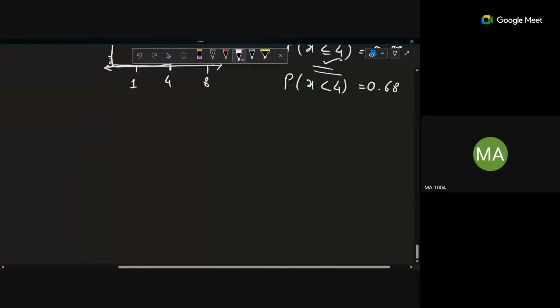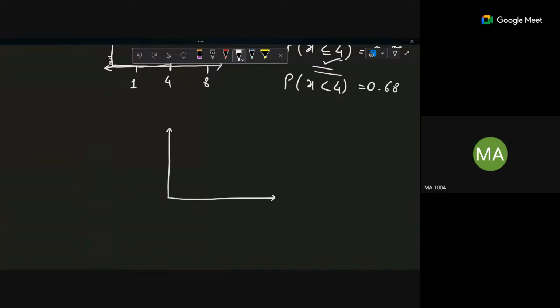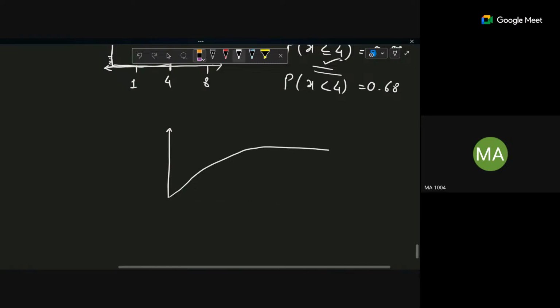Let's say this is some example of a CDF. This x will go till infinity, right? Right.